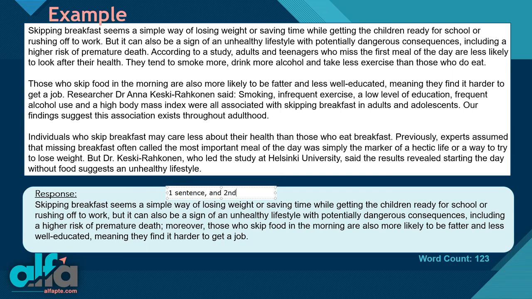Then second sentence, and then semicolon. After the semicolon, you have 3 options. You can either put semicolon moreover for continuation, or semicolon furthermore for continuation again, or semicolon space however and comma.